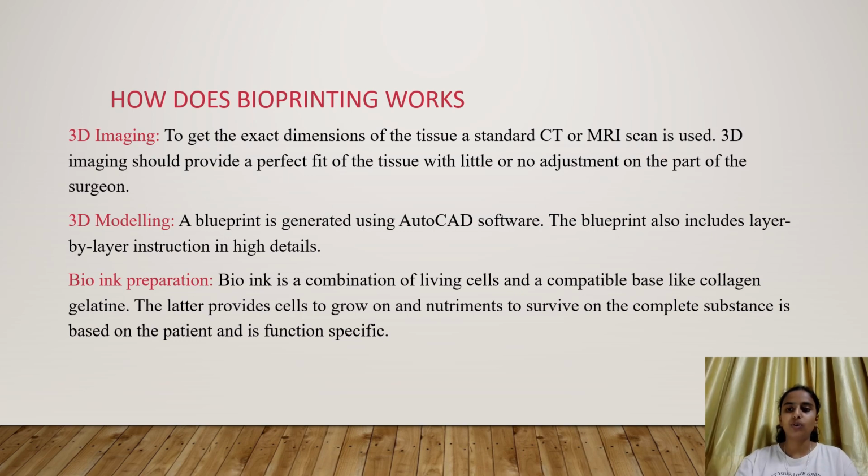The blueprint also includes layer by layer instructions in high detail. Bioink preparation. Bioink is a combination of living cells and a base like collagen. The latter provides cells a place to grow and nutrients to survive on. The complete substance is based on the patient and is function specific.